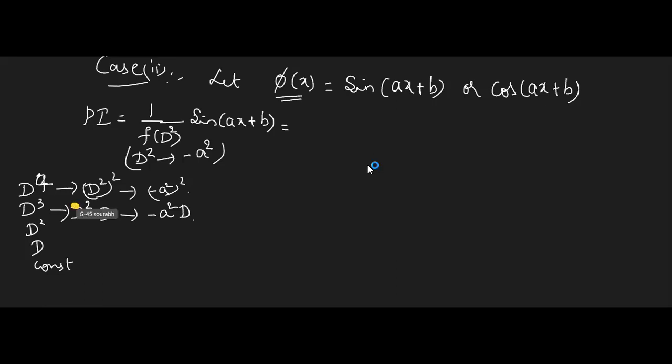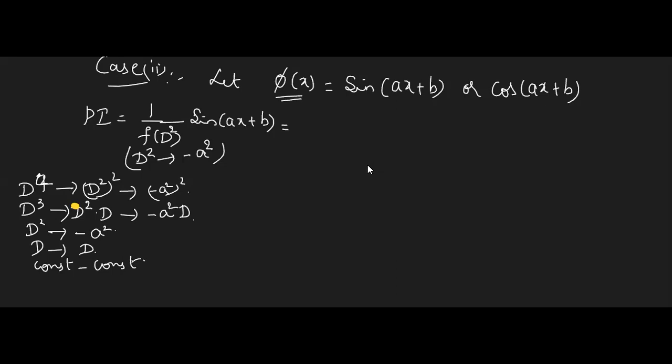Now next. Replace d square again by minus a square. What has to be done for d then? They have told only replace d square and the higher powers, so d is the lower power. Keep it as d only. And even the constant term has to be continued as it is. Are you getting it?